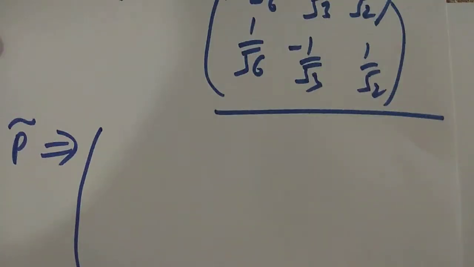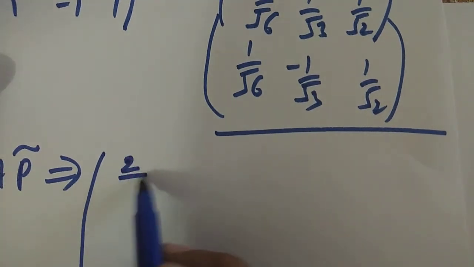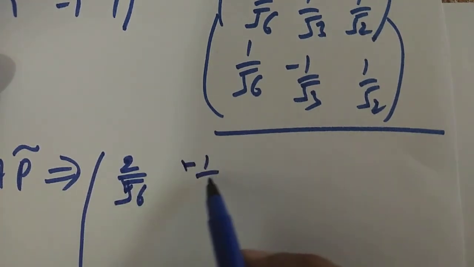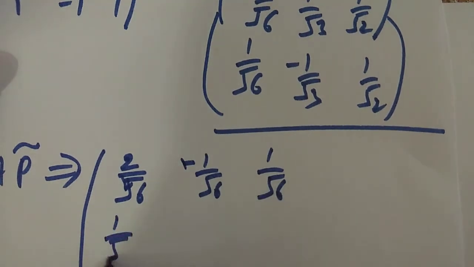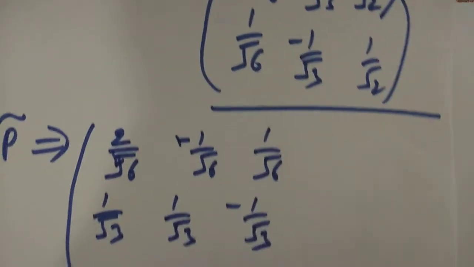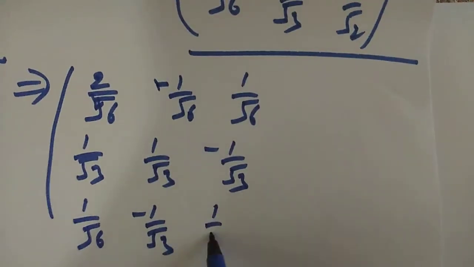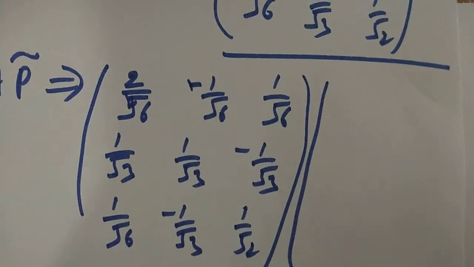So in similarity transformation, the inverse is replaced by the transpose. Your P transpose will be 2 by root 6, minus 1 upon root 6, 1 upon root 6, 1 upon root 3, 1 upon root 3, minus 1 upon root 3, and 0, 1 upon root 2, 1 upon root 2.